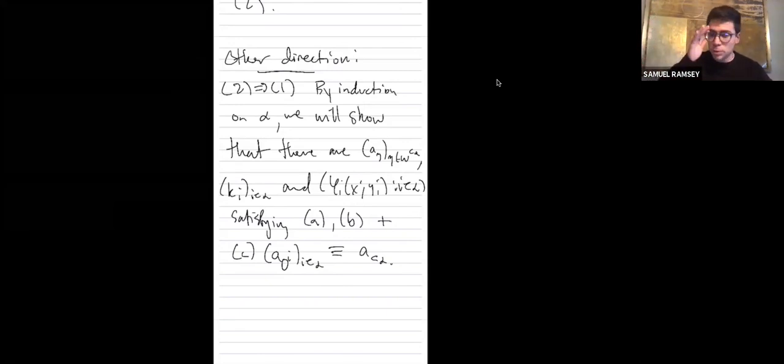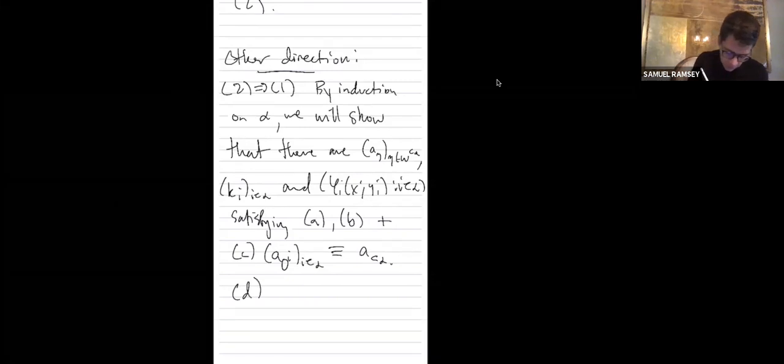And what I'm saying is that I want the all zeros path of the tree that I'm building to have the same type as that sequence that we're given. And D is that this tree of tuples, eta in omega to the less than alpha, is S-indiscernible.